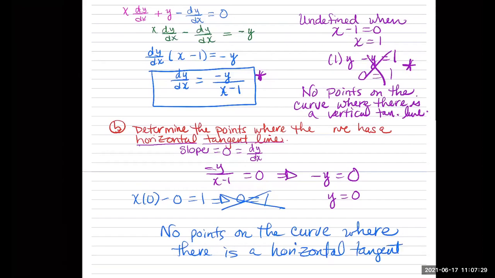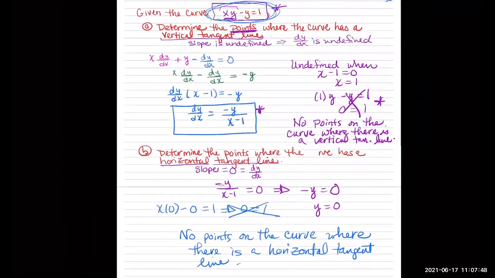But if we got some value for x there, then we would write the point, the x coordinate and the y coordinate. So any questions at all about that problem before we go on?